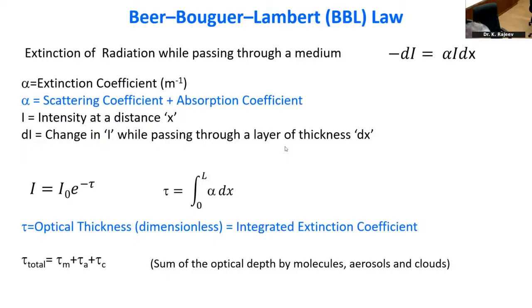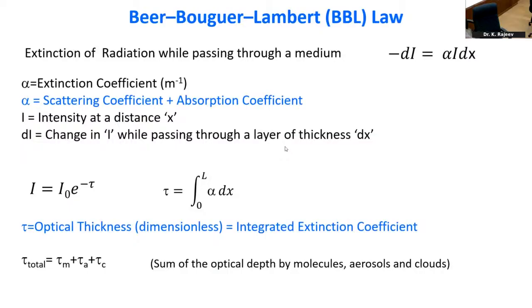So what I will do, I will assume that this atmosphere has certain properties and only the integrated property I will take. That integrated extinction coefficient from here to here, alpha is put. Multiplied by the intensity, it is the radiation that will be lost per unit distance I travel. Multiplied by dx is the radiation that is lost in a small distance.